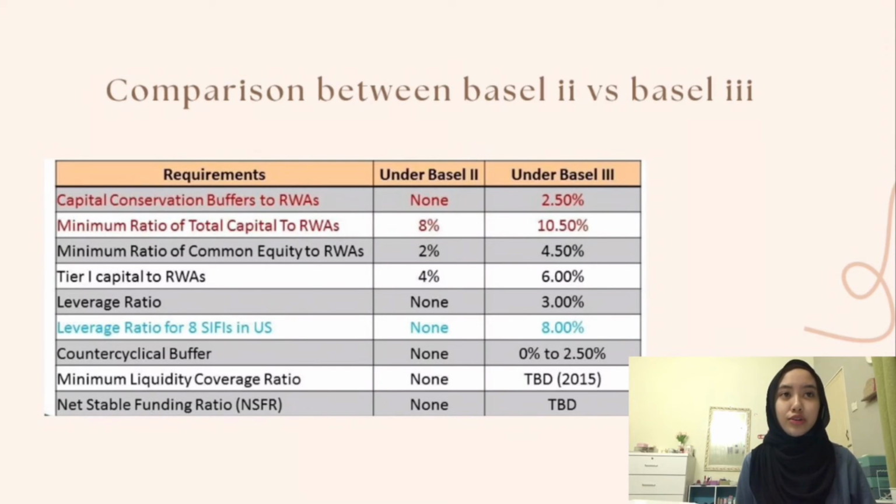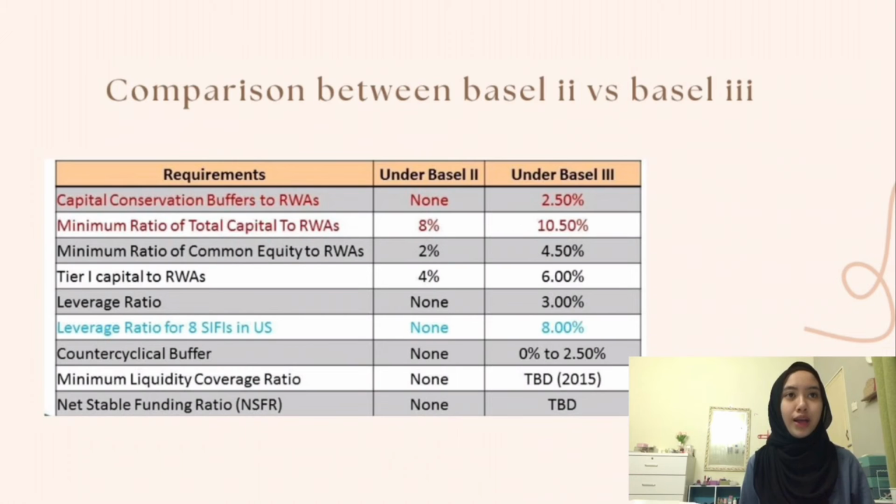For the leverage ratio, under Basel II is none, and under Basel III is 3.0. For the leverage ratio for G-SIFIs, as in the US, under Basel II is none, and under Basel III is 8.0.